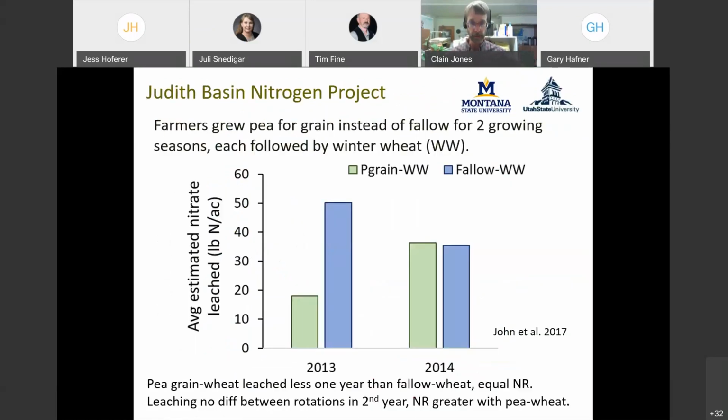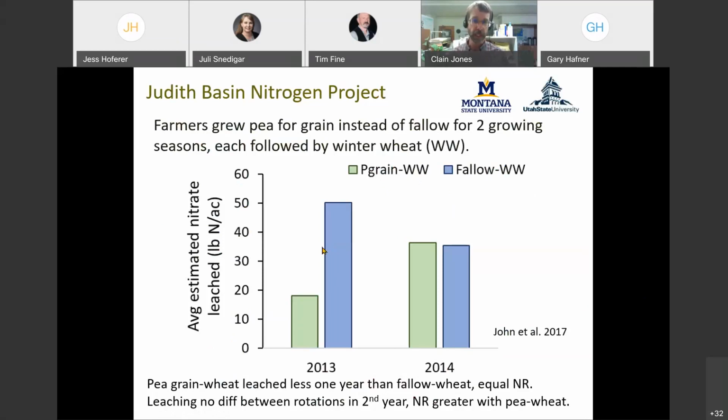Closer to home, on crops that we grow more of in Montana, this is a study I worked on in the Judith Basin in central Montana in both 2013 and 2014. Here on the vertical axis, I plot the average estimated nitrate that's leached in pounds of nitrogen per acre for a pea grown for grain, followed by winter wheat in green, or a fallow winter wheat system in blue.